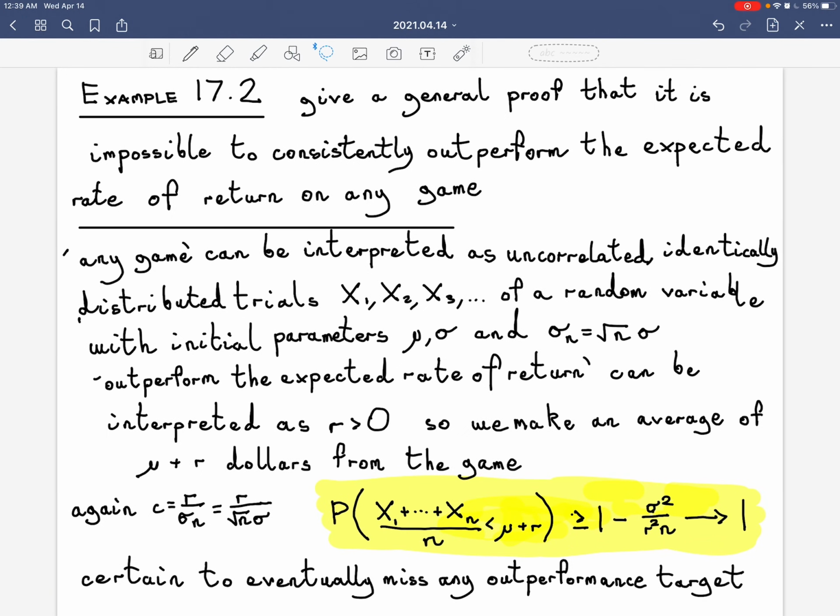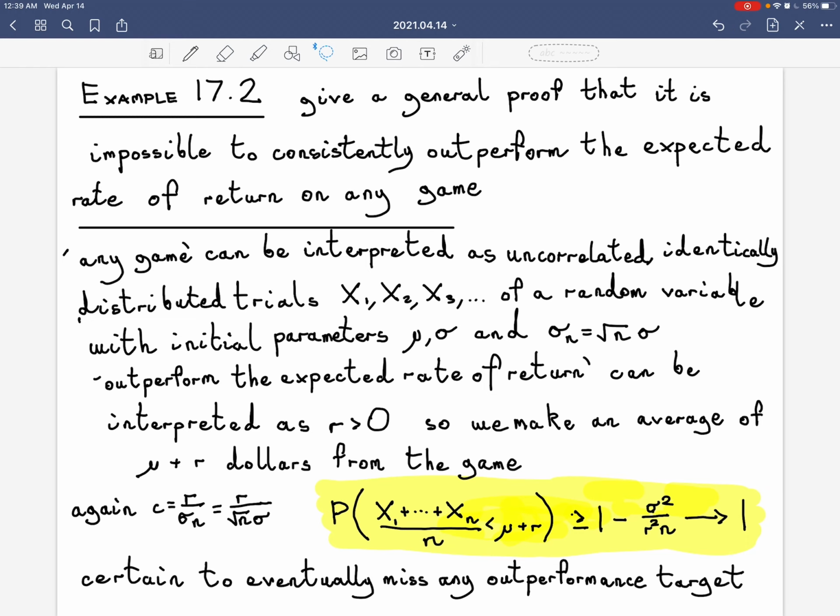Okay, so in this example, we can see a generalization of the previous example. So in the previous example, we were talking about achieving positive rate of return on a fair game. And the generalization of that is outperforming the expected rate of return on an arbitrary game.